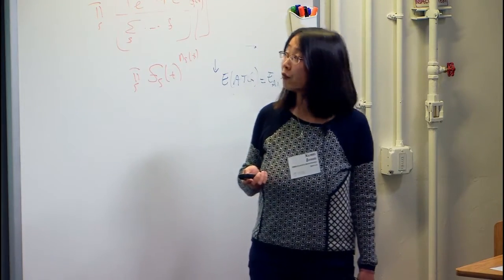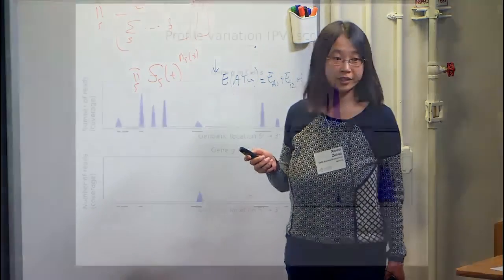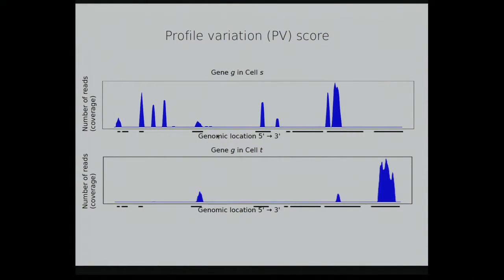Okay, so for the profile variation, which I will call PV hereafter, I start with the read density profiles for one gene in different cells. This plot shows this particular gene J, whose reads are distributed in one way in one cell and in a different way in another cell.